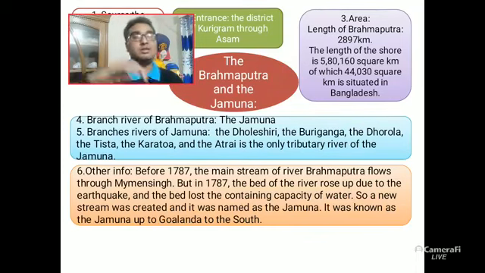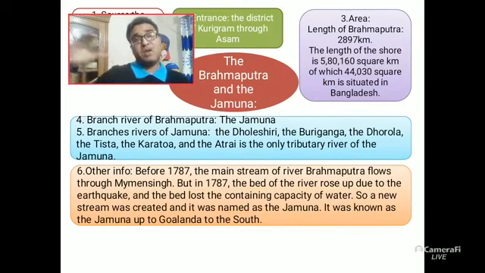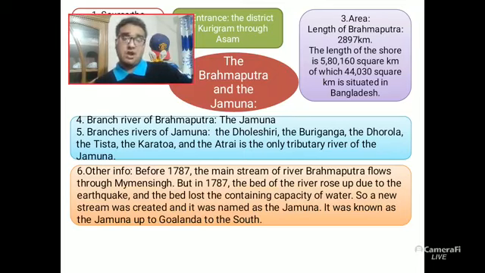Due to the earthquake, the river bed of the Brahmaputra rose up, and that was the reason the stream of the river Brahmaputra changed. A new stream was created, and it was named the Jamuna. It was known as the Jamuna up to Goalando to the south.